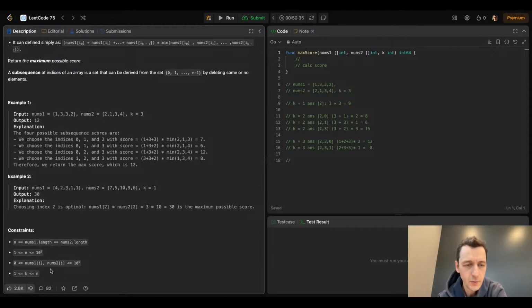We could do counting sort here because the range of nums is 10 to 5. Or we could just sort them. It's okay.